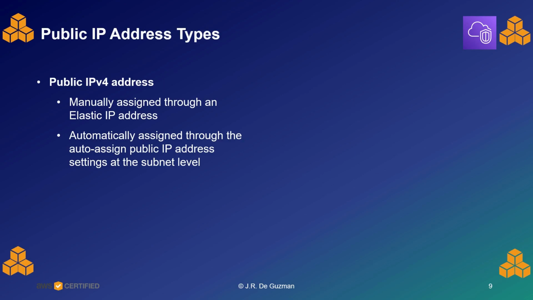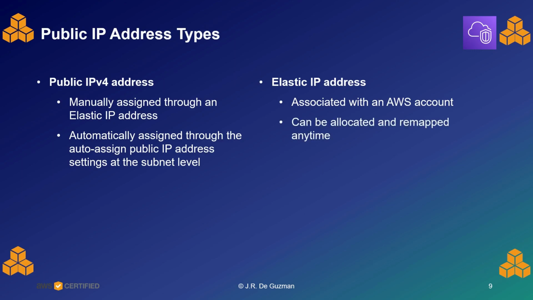Another type of public IP address is an Elastic IP address. An Elastic IP address is a static, public IPv4 address that is designed for dynamic cloud computing. You can associate an Elastic IP address with any instance or network interface for any VPC in your AWS account. With an Elastic IP address, you can mask the failure of an instance by rapidly remapping the address to another instance in your VPC.